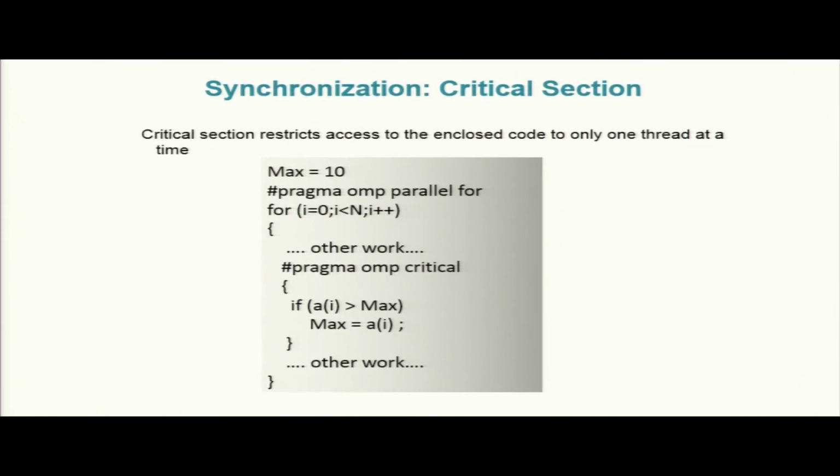All the threads will come and execute this block of code, but one at a time. Since only one thread gets access at a time, this serializes my code, right? So we won't have parallel performance from this. That is why synchronization primitives cause a performance penalty.